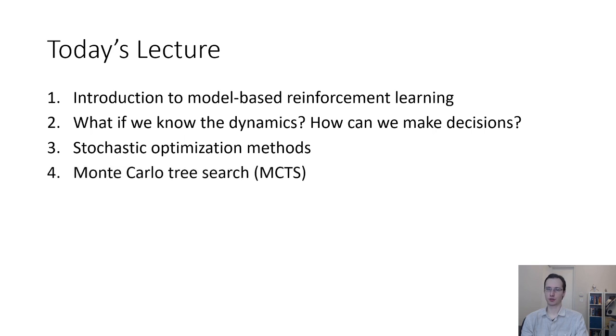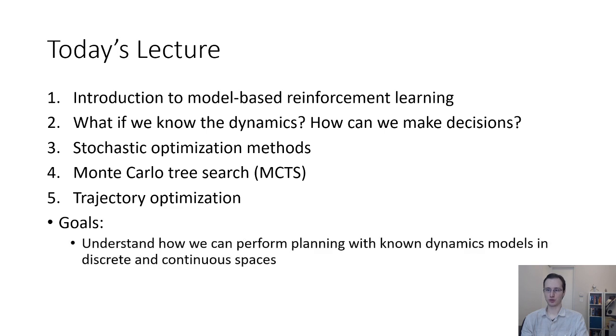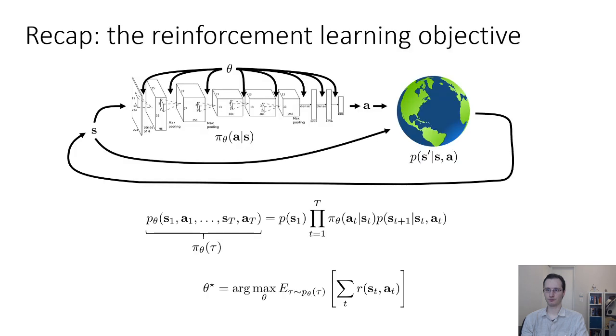We'll talk about Monte Carlo tree search, and then we'll talk about trajectory optimization, specifically the linear quadratic regulator and its nonlinear extensions. So the goals for today's lecture will be to understand how we can perform planning with known dynamics models in discrete and continuous spaces, and get some overview of the kinds of algorithms for optimal control and trajectory optimization that are widely in use.